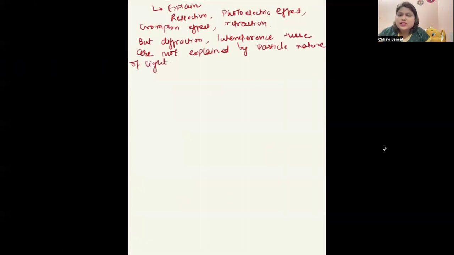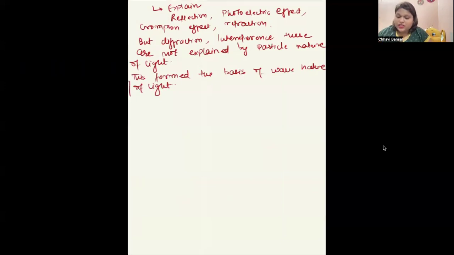So some of the phenomena which we can see happening are not explained by this. This formed the basis of the wave nature of light. Because the particle nature was not sufficient to explain all the effects caused by light, that's why it formed the basis of the wave nature of light.